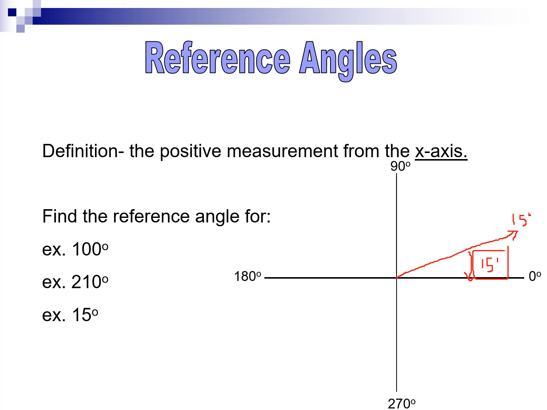Pretty simple. Let's do one last example and then we're done for the day. 300 degrees. Go ahead and find where 300 degrees would be. Should be somewhere around here.